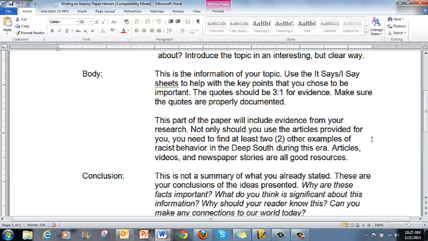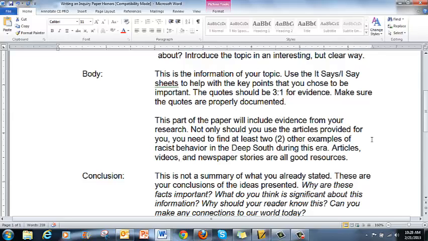If you need help with the Google search on finding that information, we have adults in here who can help you with that. Because one of the things you are going to do is connect that this was a broader issue than just one isolated case of a young man named Emmett Till or a group of boys called the Scottsboro Boys. We saw in the film The Help which civil rights activist was killed in his driveway.